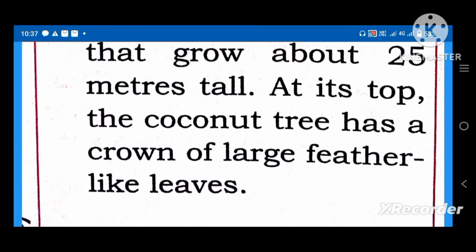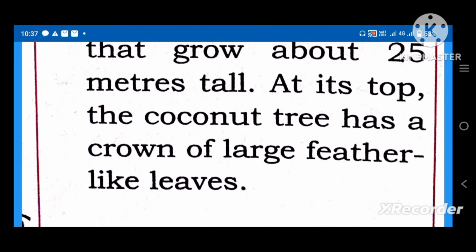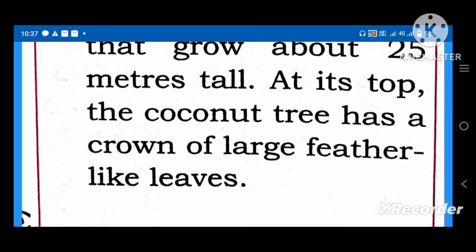At its top, the coconut tree has a crown of large feather-like leaves.